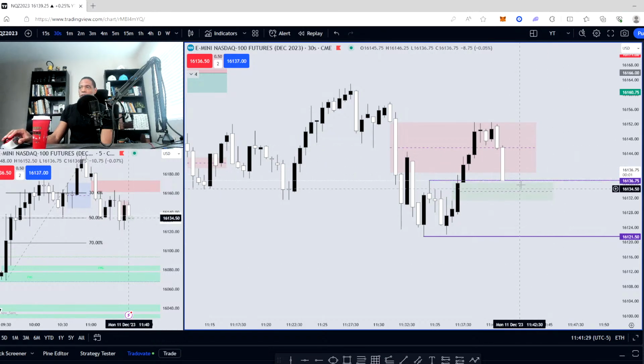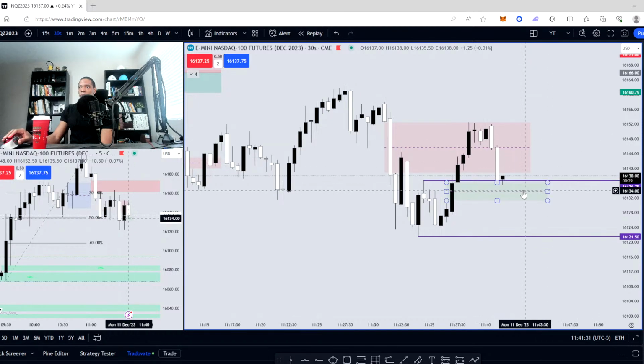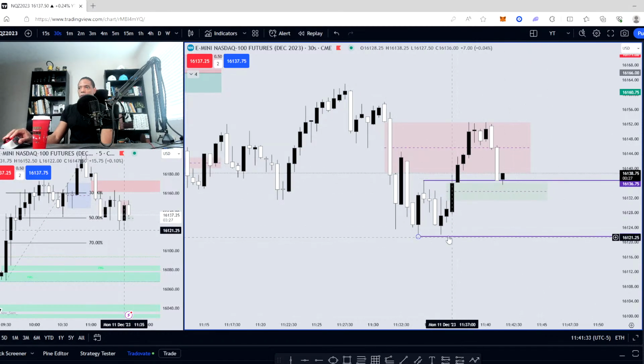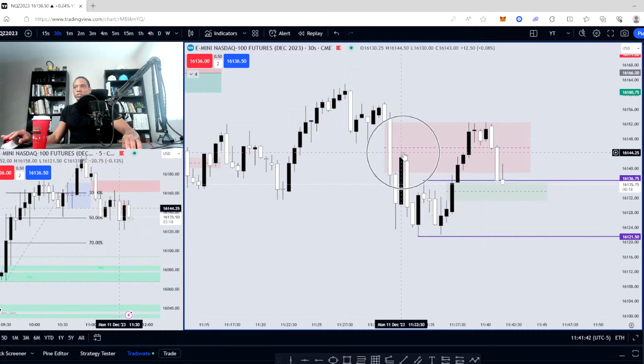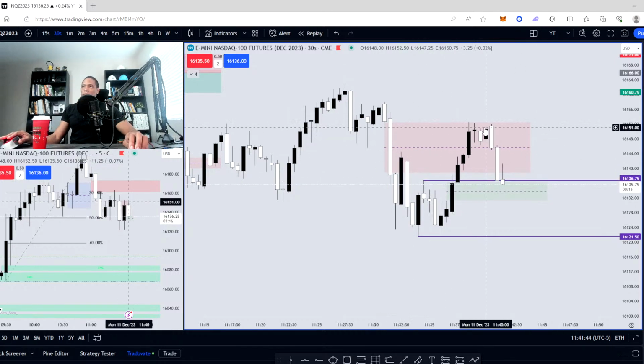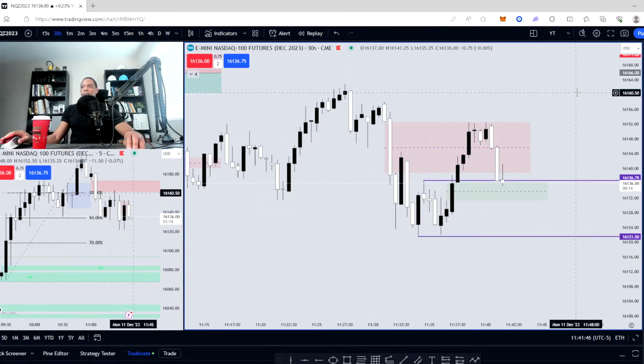Does it want to hit this fair value gap and react? Or do we crash through the fair value gap seeking these equal lows after sweeping this high? So it swept this high, and then this high was the next one that was swept. So let's see if this was just a liquidity grab as opposed to a change in direction.